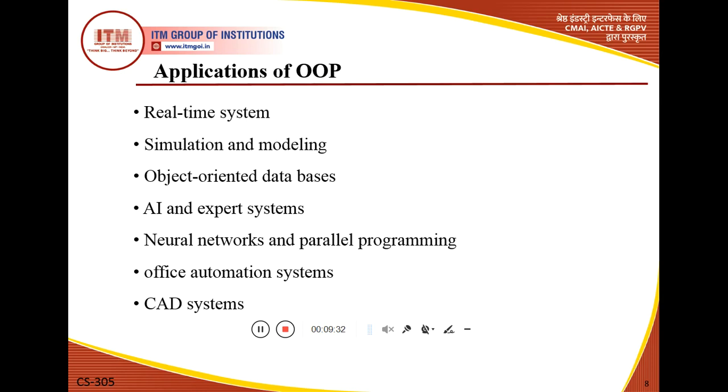Next is parallel programming and neural networks. So in neural networks and parallel programming we will use this concept. What do you mean by neural network and parallel programming? So basically neural network is defined on the basis of the functioning of the human brain, and our computer works on the functioning of the human brain, but there is a difference in the name of the computing.